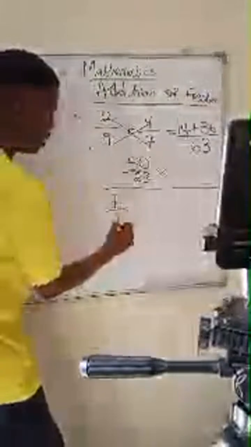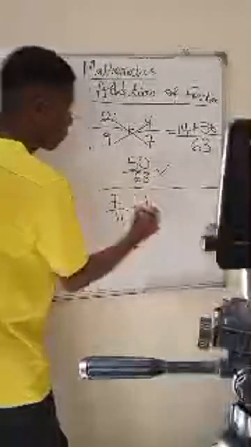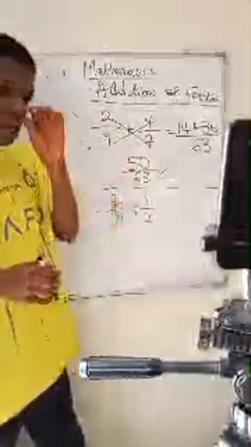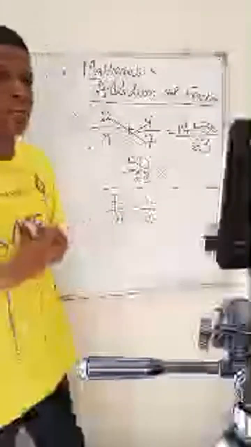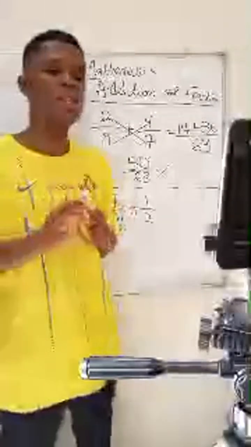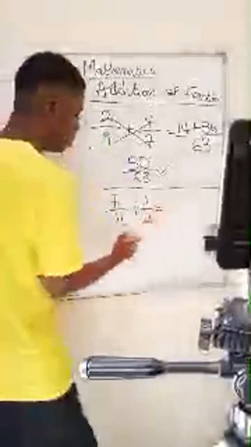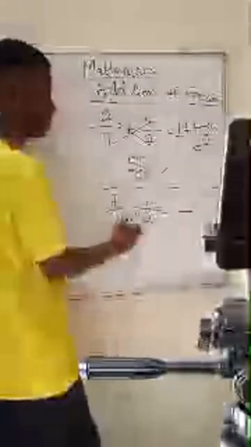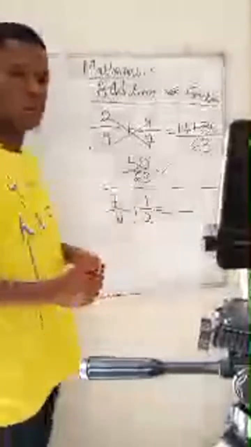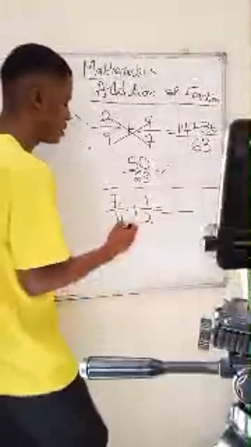So let's look at the next one. 7 over 11 plus half. For you to add this together, it is very tricky in the beginning. All you need to do is multiply the two denominators. 11 times 2 is 22.